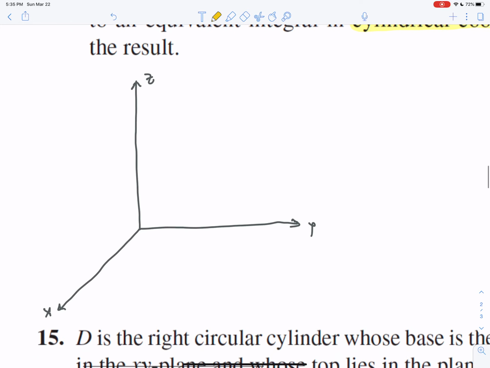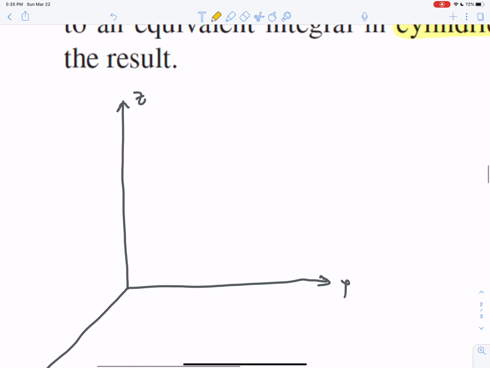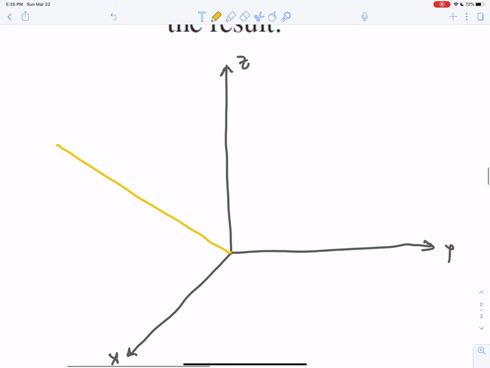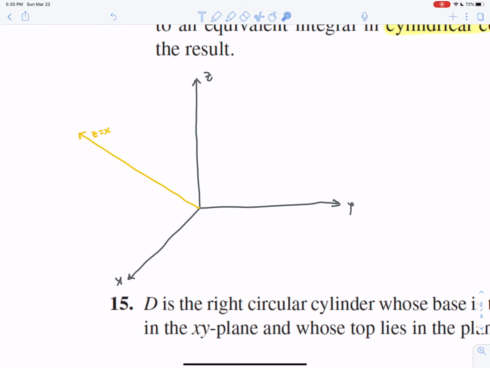So it looks like on the xz plane, we're here, so it looks like something that looks like this. Right, so you would imagine that this line right here is the line z equals x, and it lies on this xz plane, right? So you kind of have to force the perspective to work, but that's where that line lives.